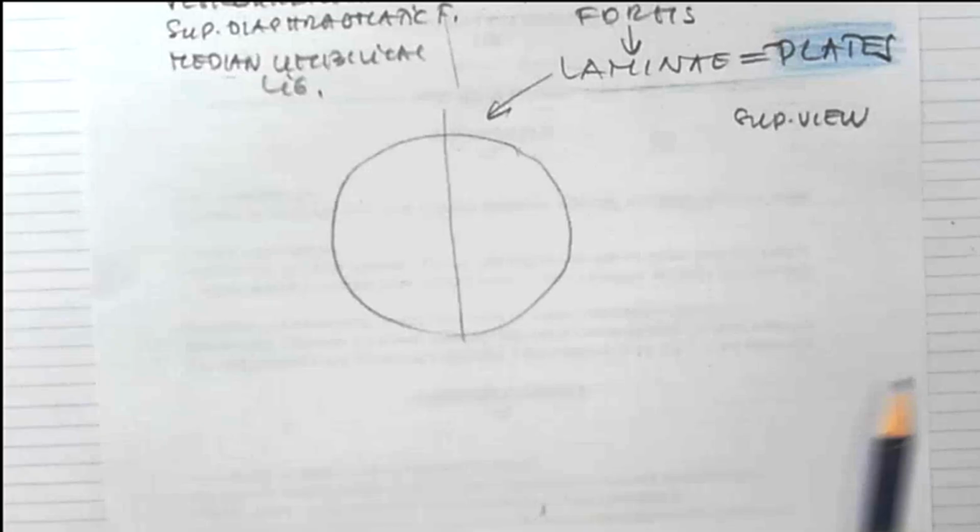Organs. Bladder, neck of uterus and the rectum. Could be like that. So bladder anteriorly, neck of uterus, correct, and finally rectum.